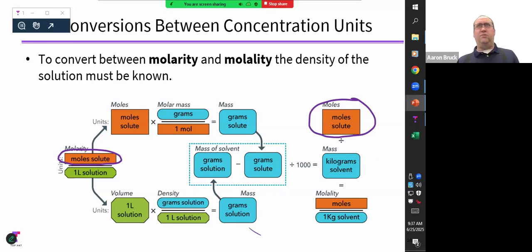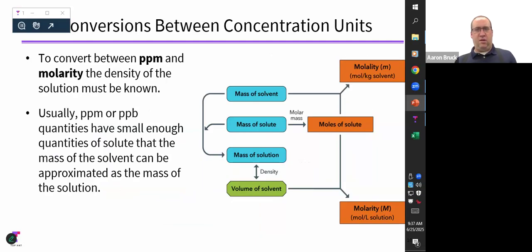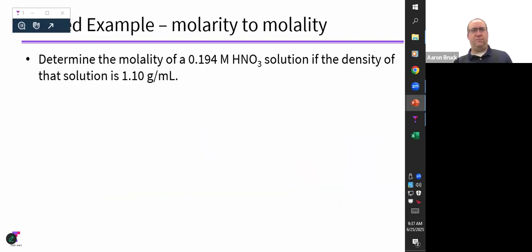Maybe it would be easier to just run through a calculation to see what we're talking about with numbers rather than with pictures. So we have a solution that's 0.194 molar in nitric acid, and its density is 1.1 grams per milliliter.